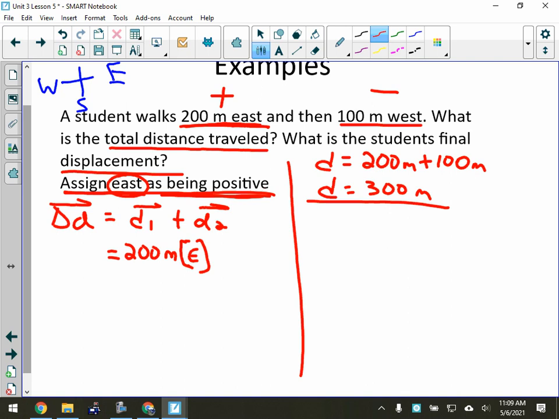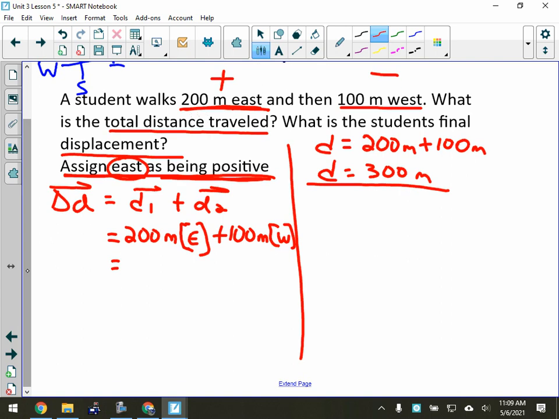Now, I'm going to add these two vectors together, so just be patient for a second here. And I'm going to put 100 meters west, okay? Just like they did on your sheet there. Now let's go ahead and actually add these two together. This east is a positive 200 meters, okay?